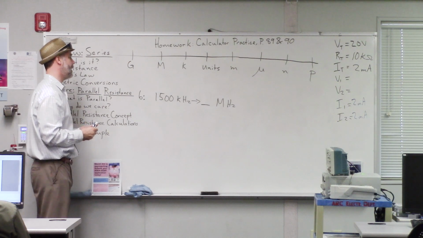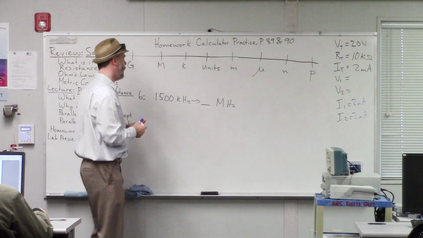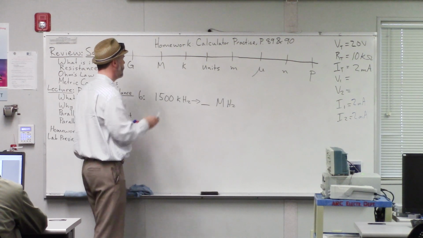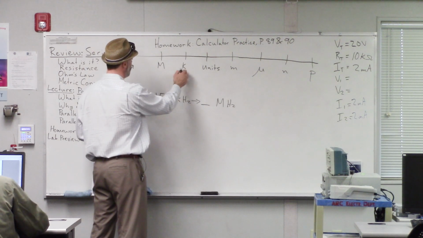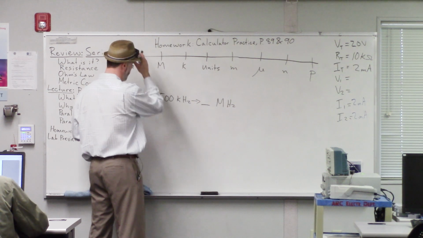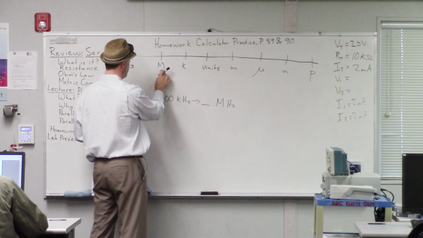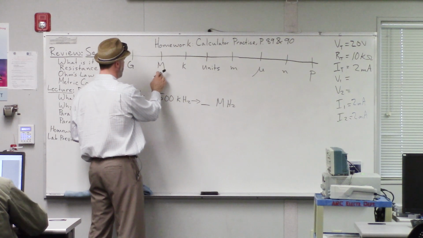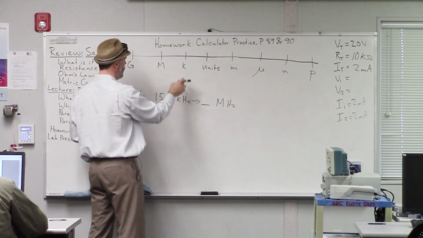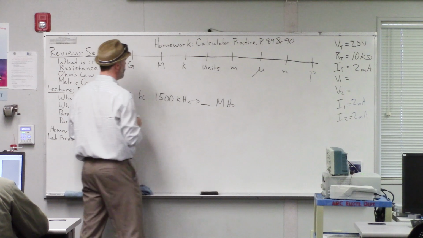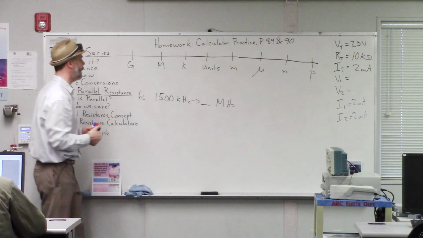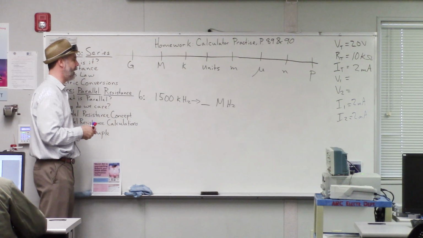And so what that means is that if you're moving from one spot on the line to the next place left, you need fewer of these things because these are bigger. So if you're moving to the left on the line, you actually divide your number by 1,000. So every spot you move left on the line, you divide by 1,000. And a quick way of doing that is to move the decimal point 3 places to the left.